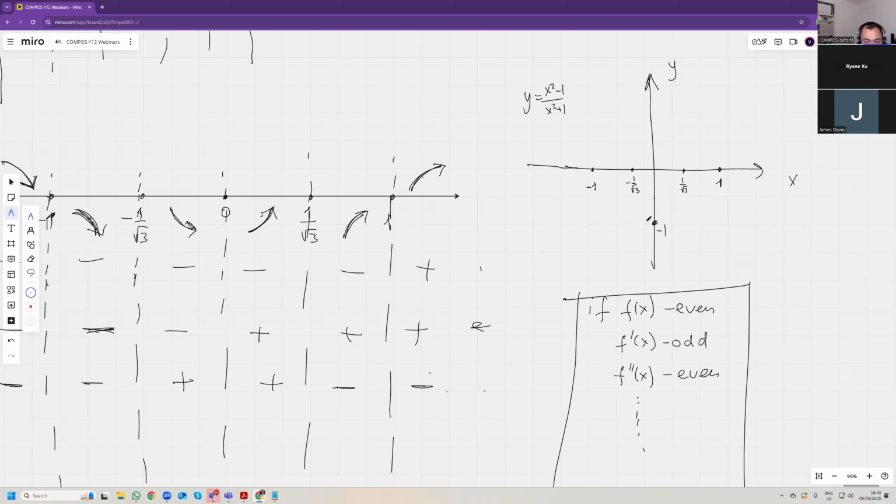Now this is obviously a minimum point. This is an inflection point where the function changes concavity. This is the inflection point. This is a 0, and this is a 0. Okay, so it goes like this. We also know that it has an asymptote. Y equals 1 is an asymptote.